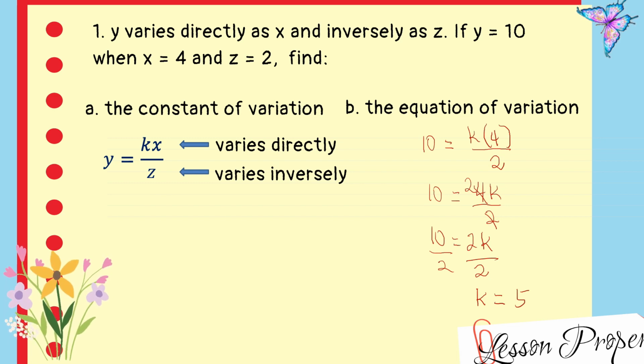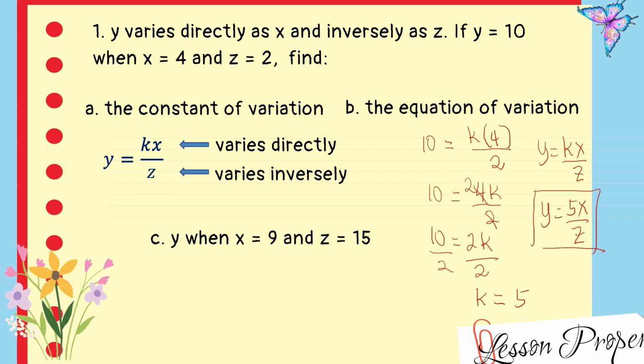So the equation of variation would be y equals kx over z. Since the value of k is 5, then we have y equals 5x over z. So this is the equation of variation. Next, find y when x equals 9 and z equals 15.